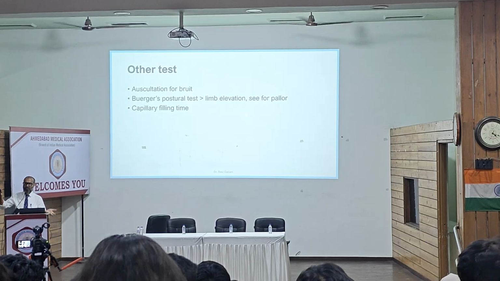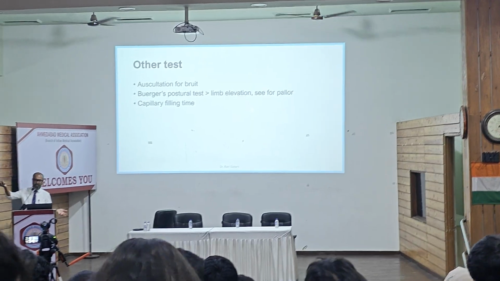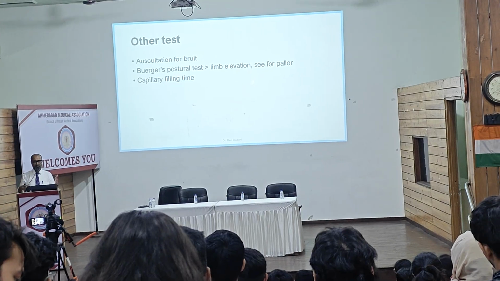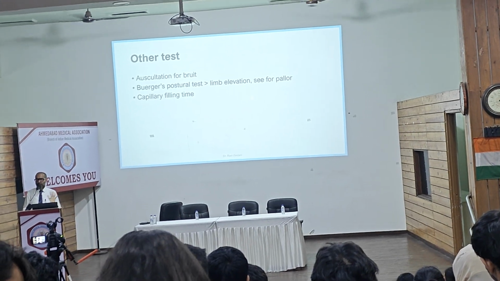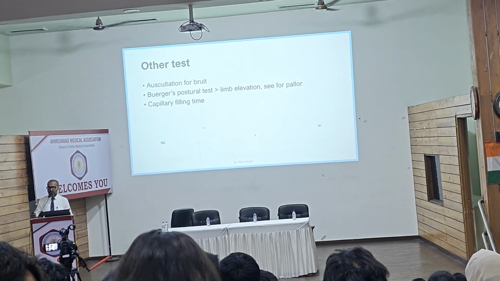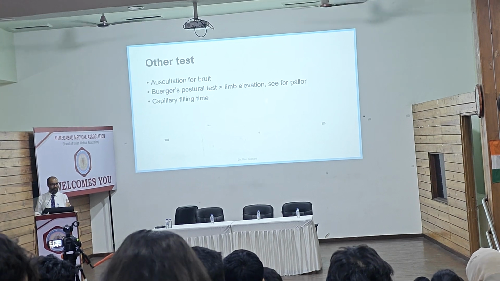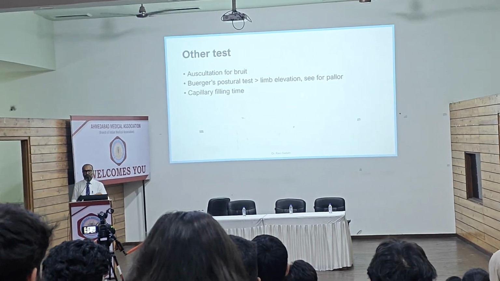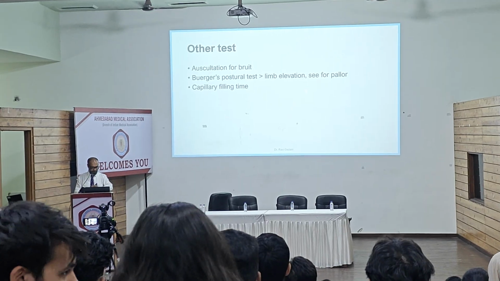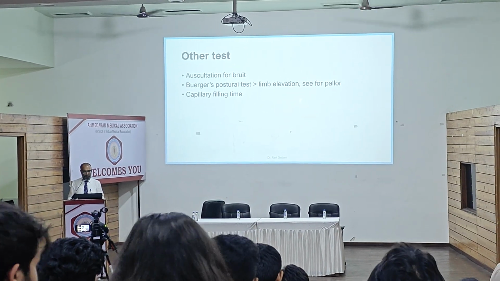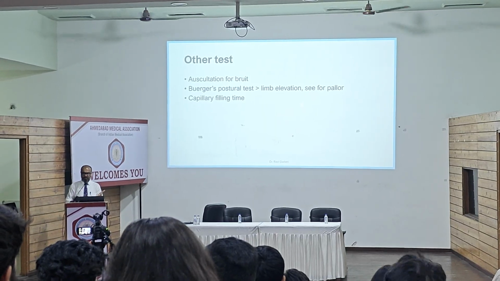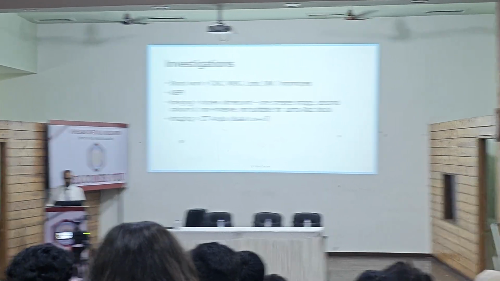Buerger's test is where you elevate the leg and see at what angle the limb gets pale. It's not routine because in most complexions it would be very difficult to identify, plus it does not provide you with any meaningful interpretation to manage the patient. Capillary filling time and nail bed blanching, etc. are also to be done.